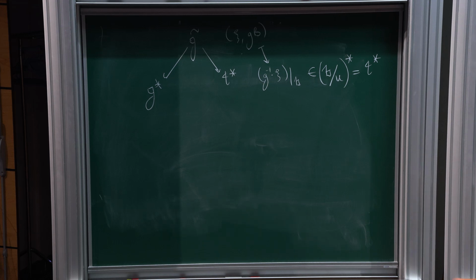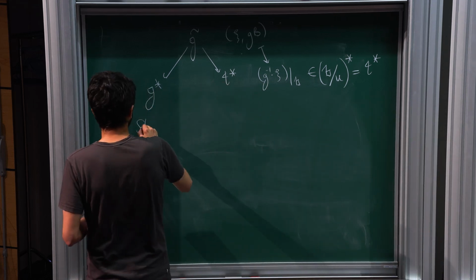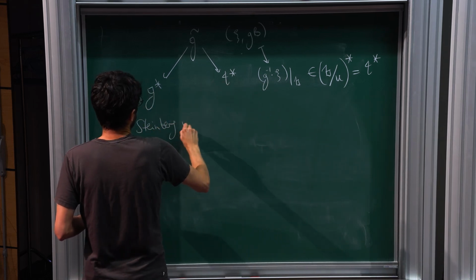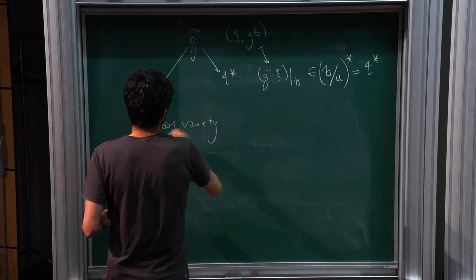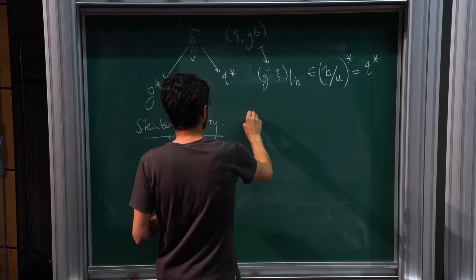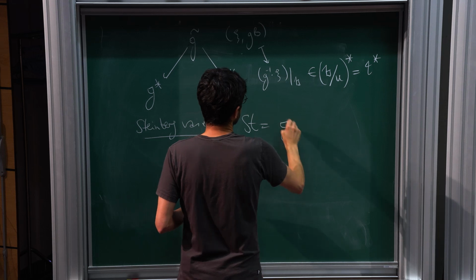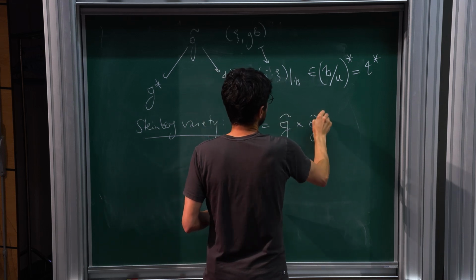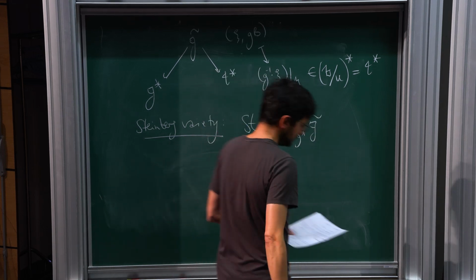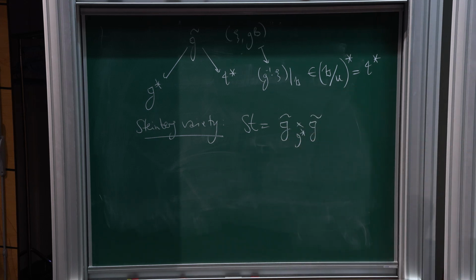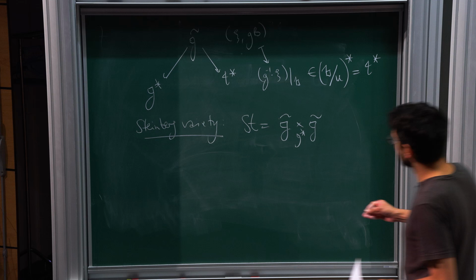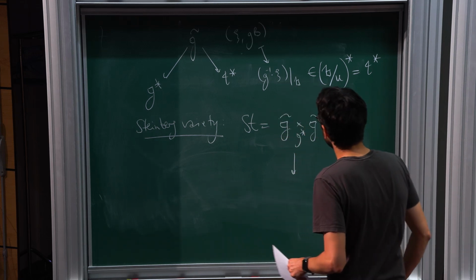And now I want to consider the Steinberg variety. By definition, well, there are several things that we can call the Steinberg variety, but for me, this will be the fiber product of G tilde with itself over G star. And so now this is just some scheme, which is not smooth anymore.